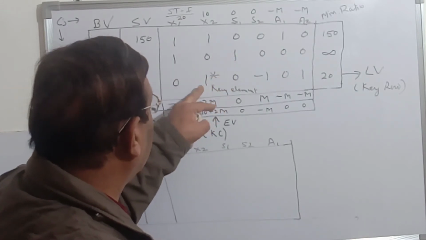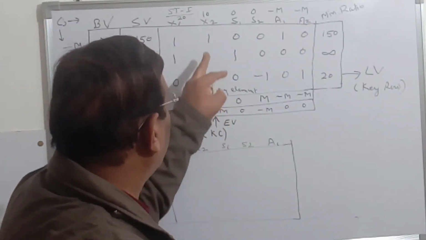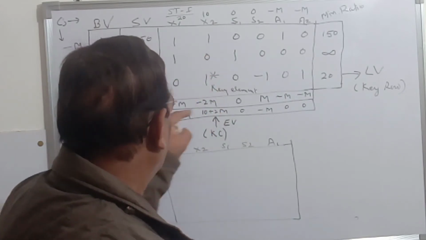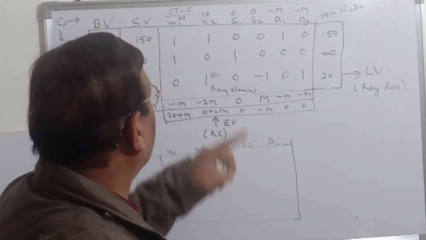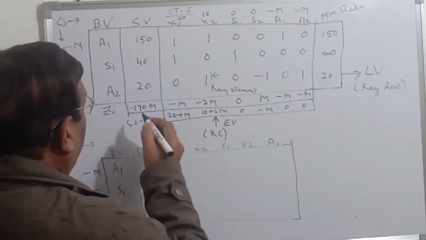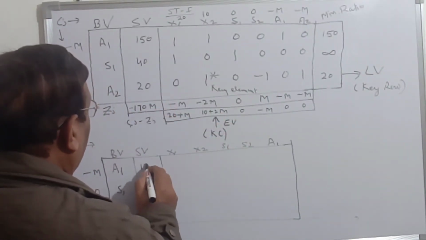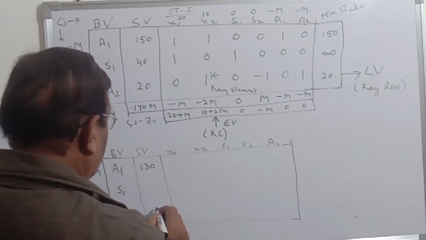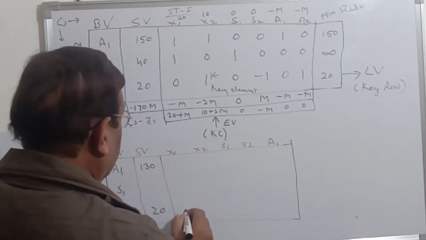So you have to subtract the third line from the first line to get 0 over here, so 150 minus 20, 130. This is as it is.